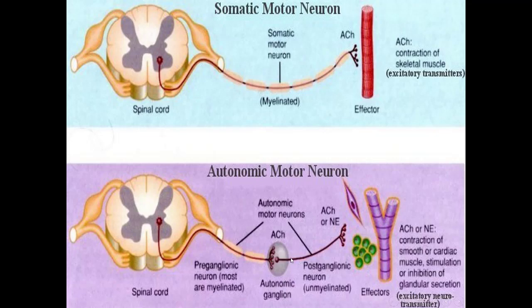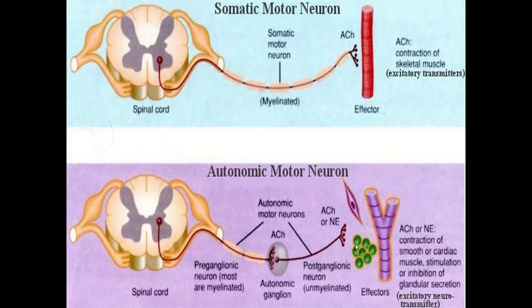It also sends out an axon, the postganglionic neuron axon, which is unmyelinated, with no myelin sheath. It reaches smooth muscle, skeletal muscle, also the cardiac muscle, and glandular secretion.